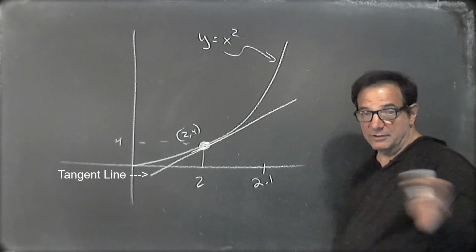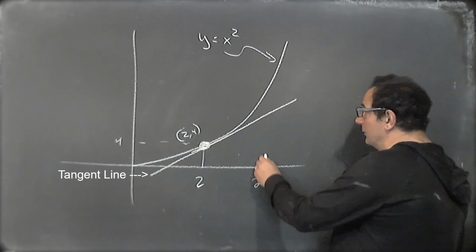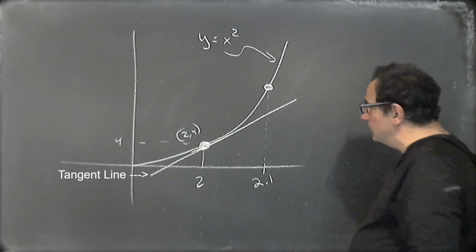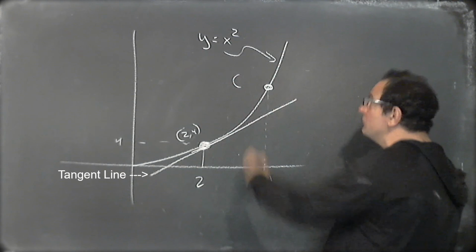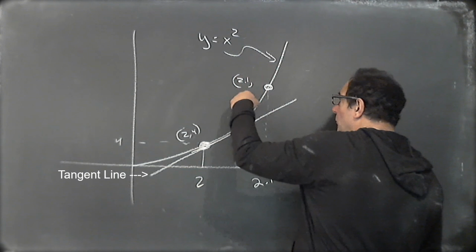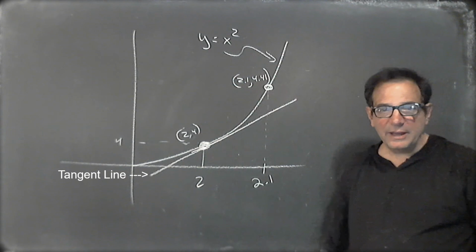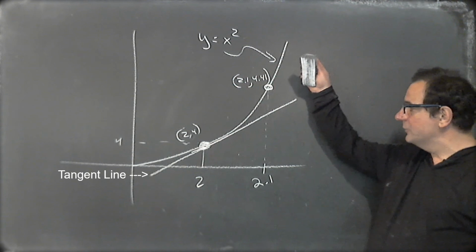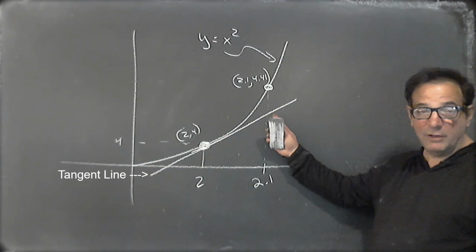Once again, nothing is drawn to scale here, so give me a little latitude. We're going to take this point 2.1 and compute the y-coordinate by plugging 2.1 into x squared. We get 4.41. If we compute the slope of the line connecting these two points, we'll have a pretty good idea about the slope of this line over here.